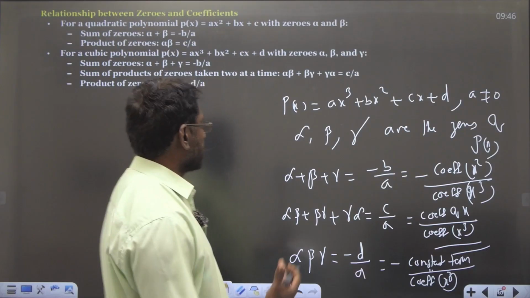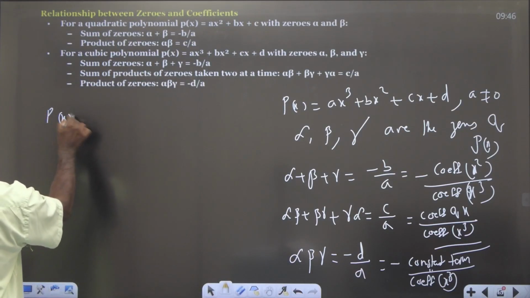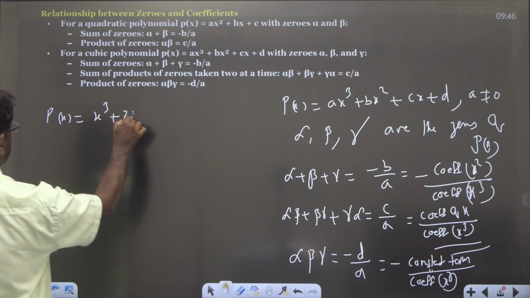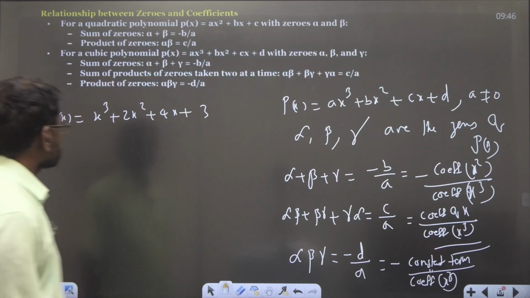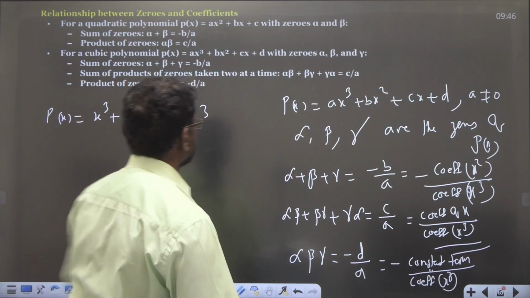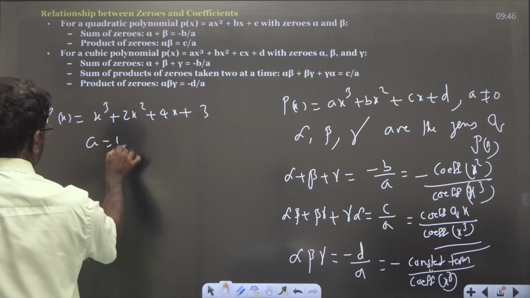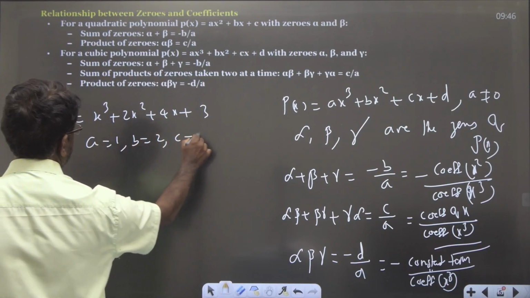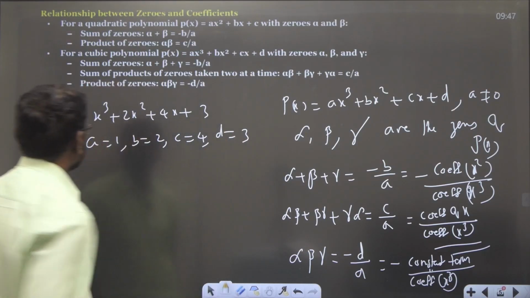Okay, we can explain with some examples. Suppose P of x is equal to x cube plus 2x square plus 4x plus 3. First you compare with the standard form. A is equal to 1, B equal to 2, C equal to 4, and D is equal to 3.